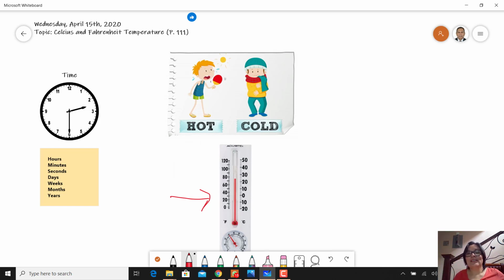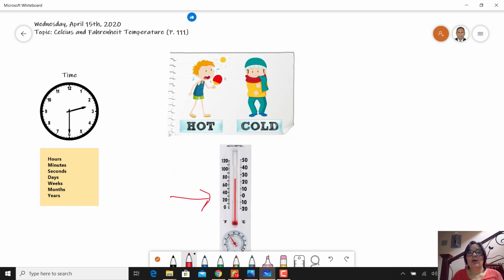So you go to the doctor and the doctor uses a thermometer to measure your temperature. Also, we can find thermometers on some walls to measure the temperature of the environment. Or some people use those instruments to measure the temperature of water or other liquids.